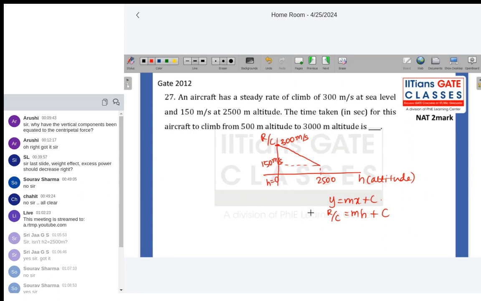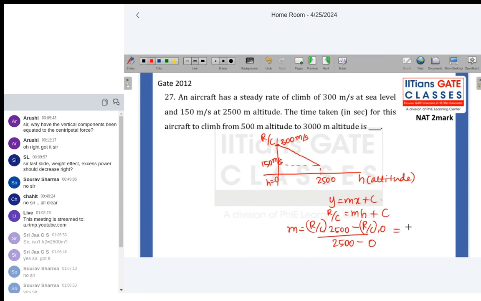First we have to find out the slope. Rate of climb at 2500 meter minus rate of climb at sea level, divided by the altitude difference, that is 2500 minus 0.